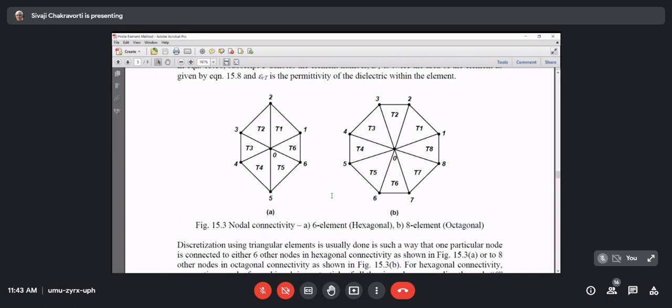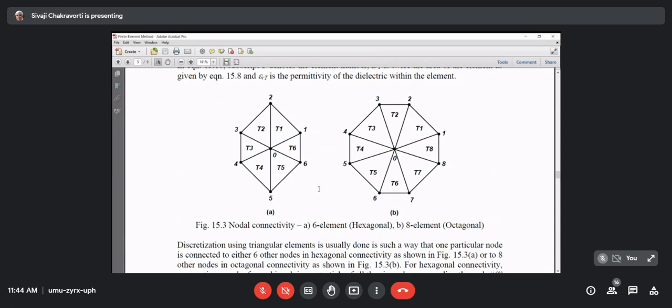Now, there is something in this connectivity I have to explain. In FDM, you remember we always said that node 0 is the target node. In the same way, in FEM also, when we assume the entire system, this node 0 is our target node based on which the derivation is done. So for the hexagonal connectivity, this node 0 is our target node.